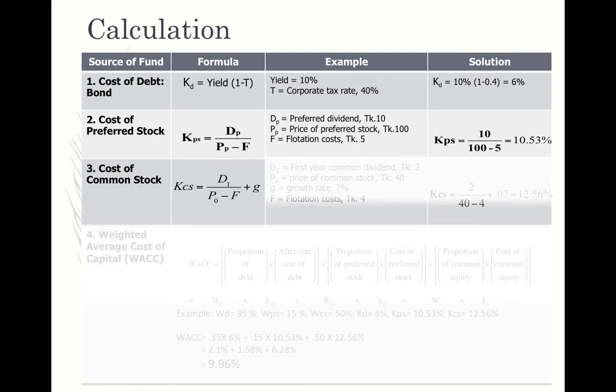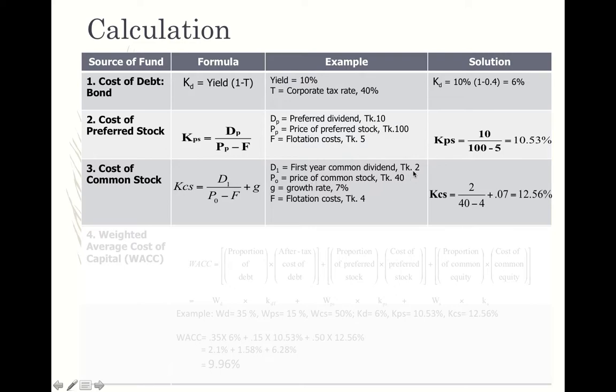Let us take one example. Let's say the common dividend D1 is 2 taka, price of the common stock is 40 taka, growth rate, that is dividend will grow at 7%, and flotation cost is 4 taka. So in that case, cost of common stock would be 2 divided by 40 minus this flotation cost 4, and growth rate, this we have to take from percentage to fraction, 0.07.